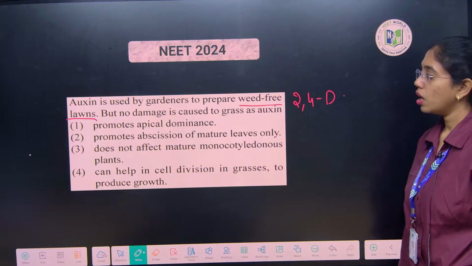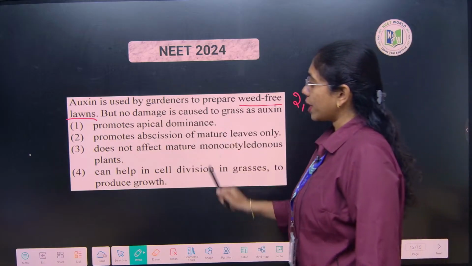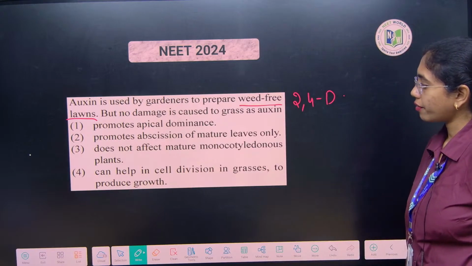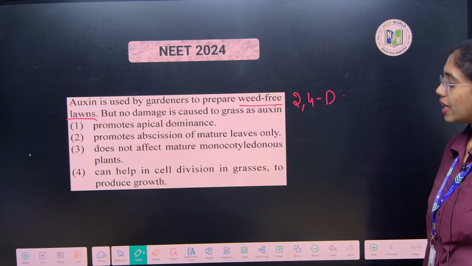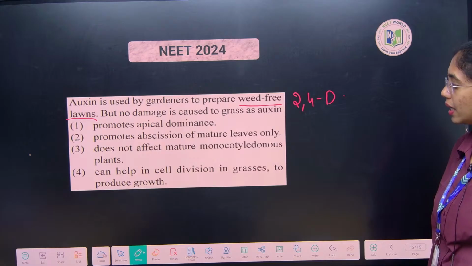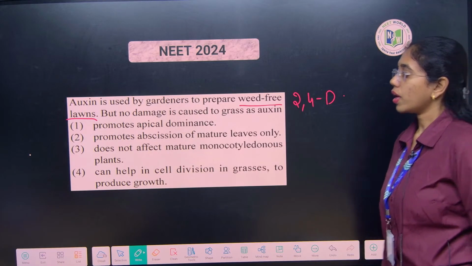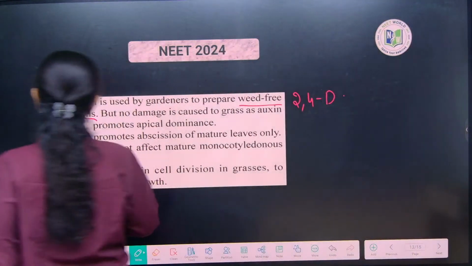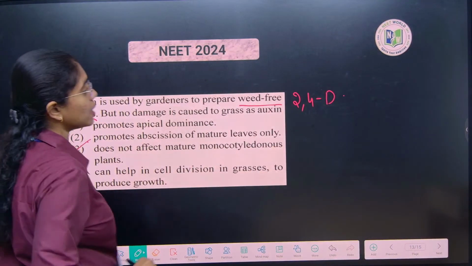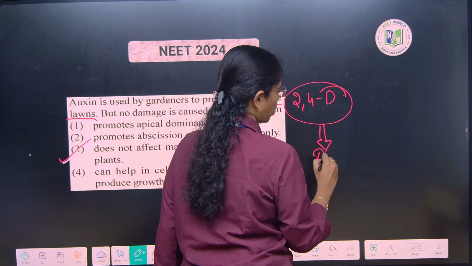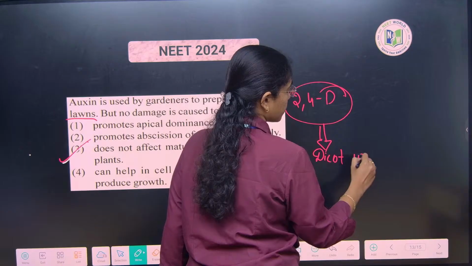Auxin promotes apical dominance, promotes abscission of mature leaves only. They do not affect monocotyledonous plants. They can help in cell division in grasses to produce growth. Okay. So, the right answer will be option 3 because 2,4-D is applied to eliminate dicot weeds.